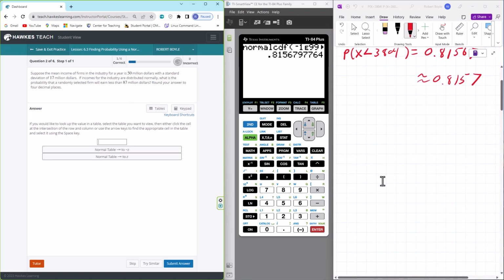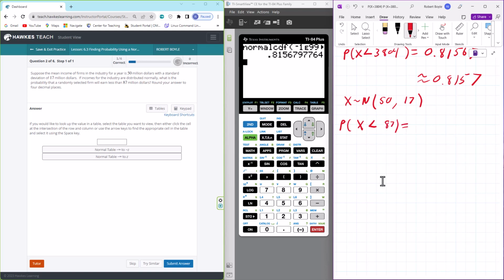Here, x is a normally distributed random variable with a mean of 50 and a standard deviation of 17. We want to find the probability that x is less than or equal to 87.